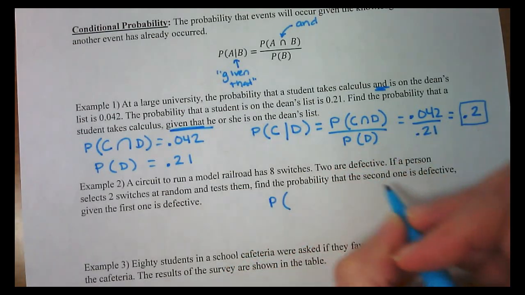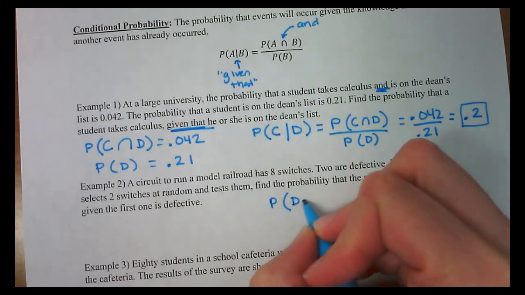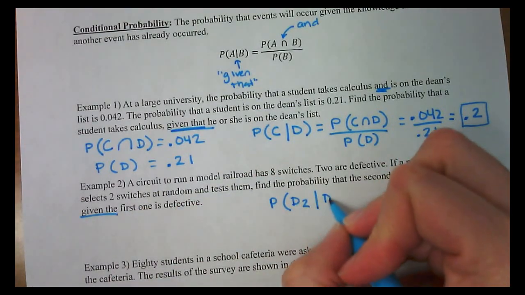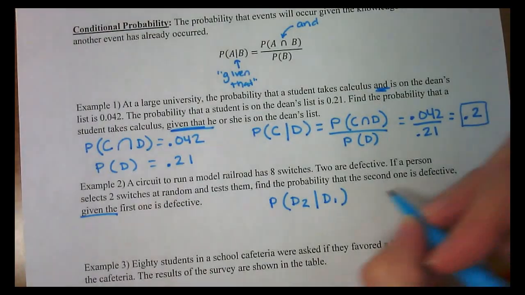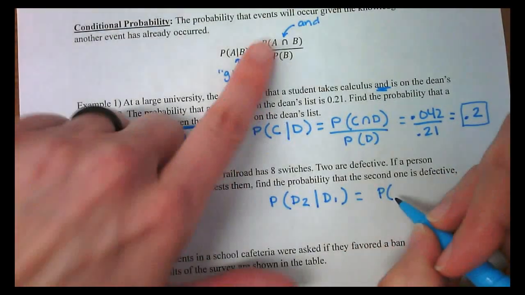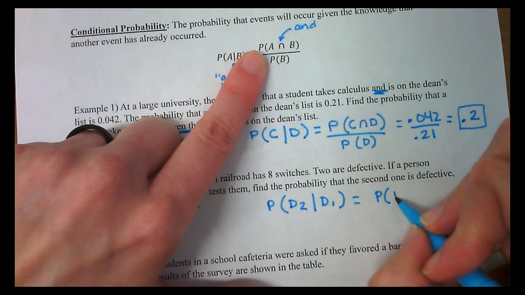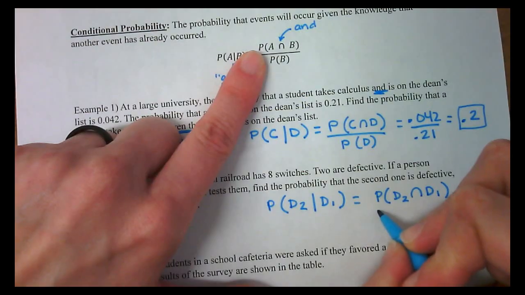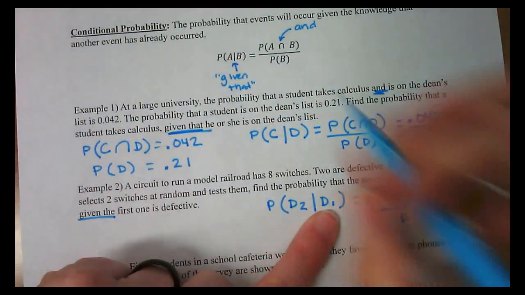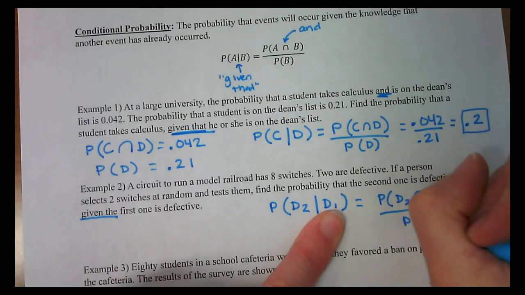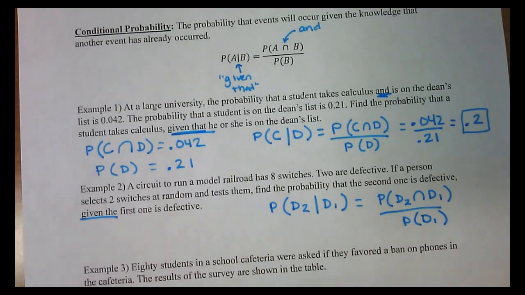So I'm going to say probability that the second one is defective, given the first one is defective. This should be the probability, according to the formula up here, that the second and the first one are defective over the probability of the second thing, right, which in this case is the first circuit being defective.